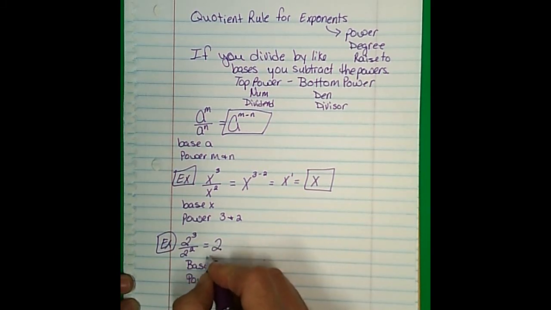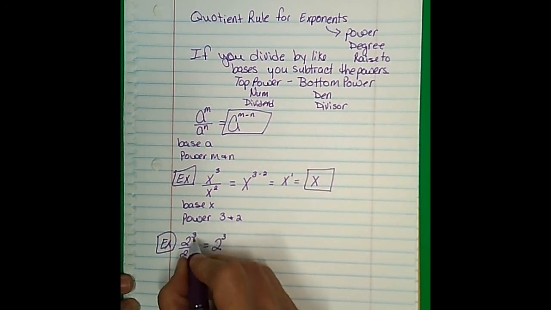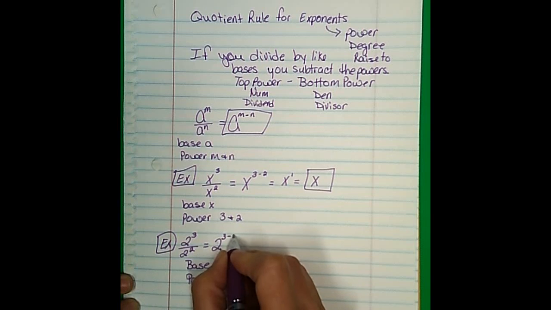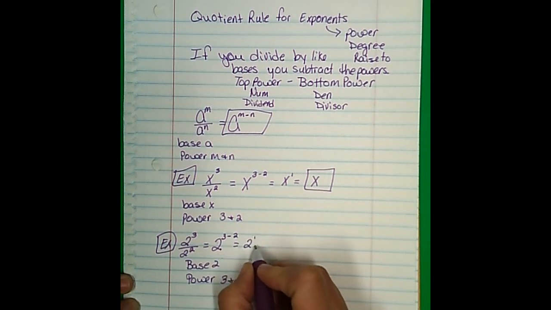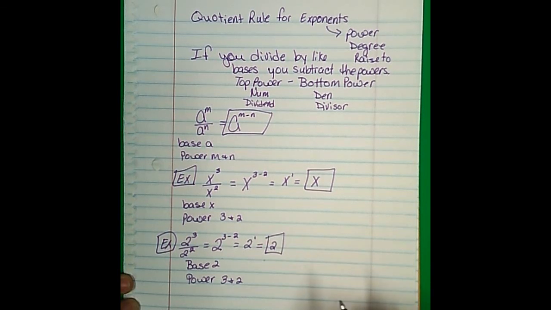I'm going to use this rule, top power minus bottom. So I'm going to have 3, because that's the top power, minus the bottom, which is 2. So 3 minus 2 is 1. Of course, that's not simplified form. It would just be written as 2, so that's simplified form. And that is using the quotient rule of exponents.